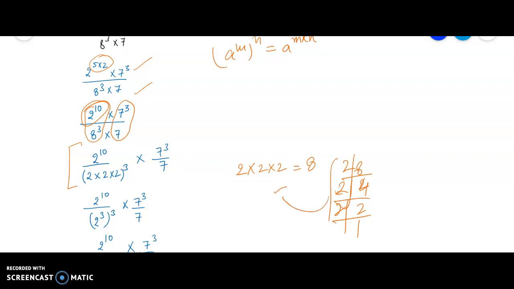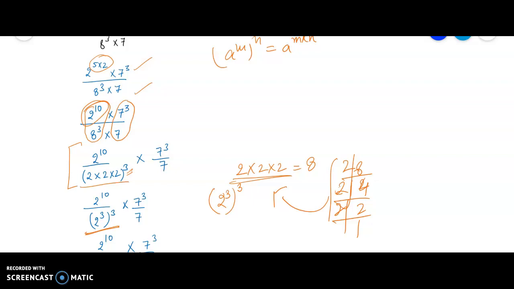This is how I'm getting this. So I can write 8 in this form, and I'm already having power 3, so I'll put power 3. Now I'll write this in exponential form, so this will become 2 raised to the power 3, and I was already having one more power, that is 3. So this is what I've got over here.